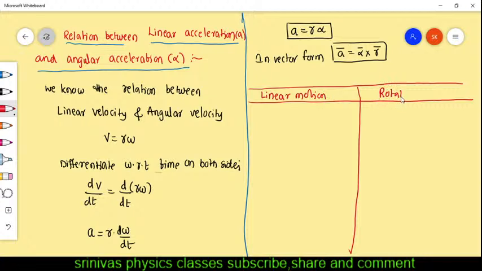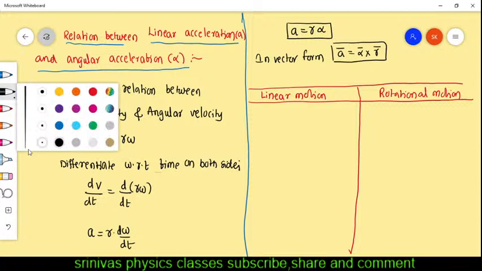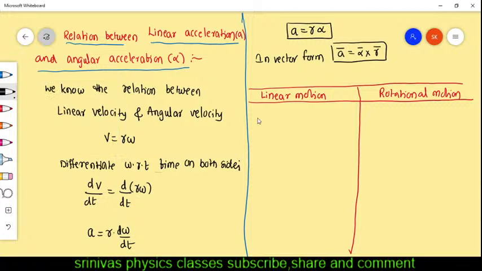In the rotational motion, some formulas we discussed and derived. Some terms change between the linear and angular. The first term is velocity. Velocity is the rate of change of displacement.